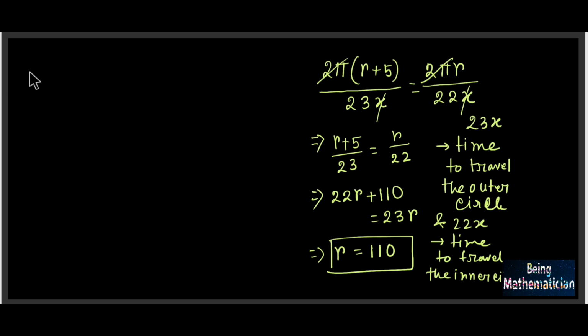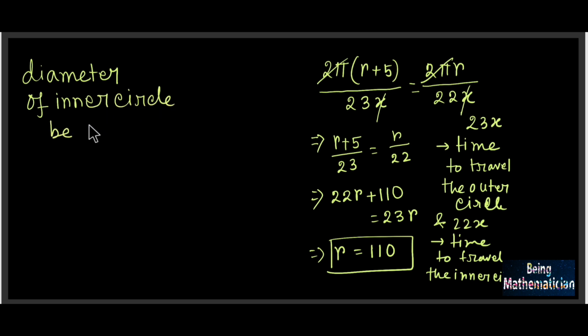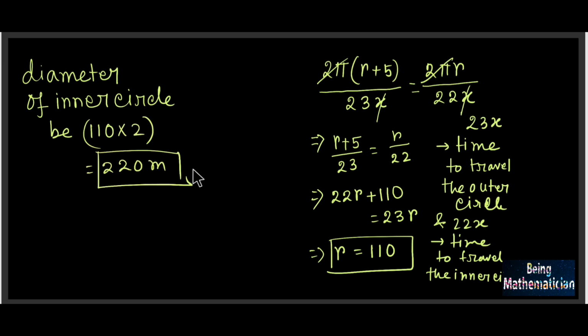So the diameter of the inner circle will be 110 into 2 is equal to 220 meter, and it is our answer.